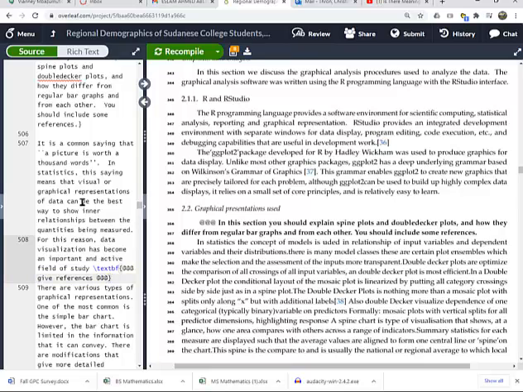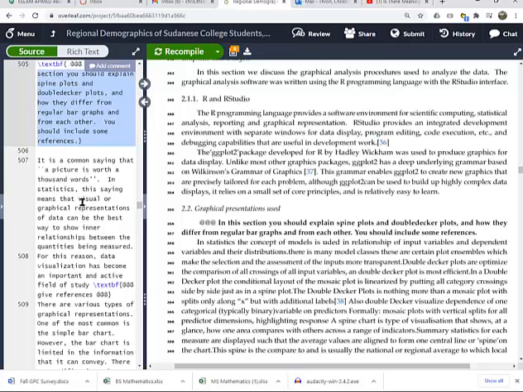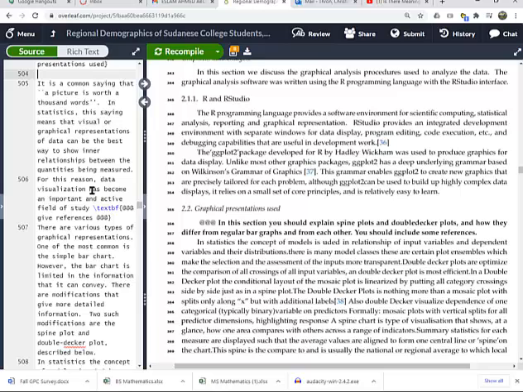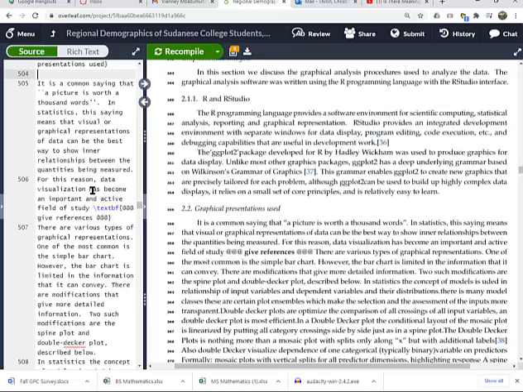Okay. All right, so let's see. So I will take this off, and then we can see what happens when we compile again. So you can give references to data visualization.